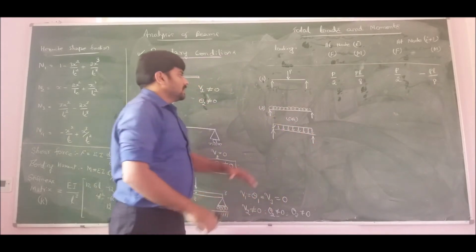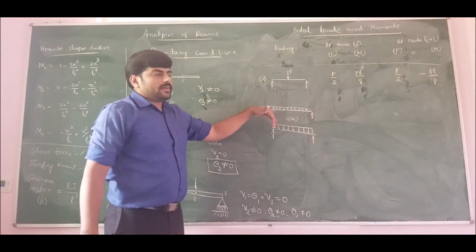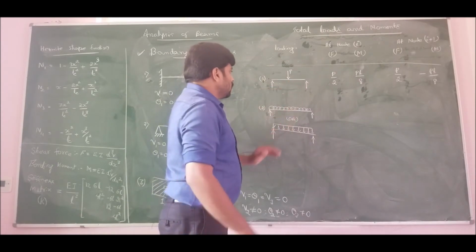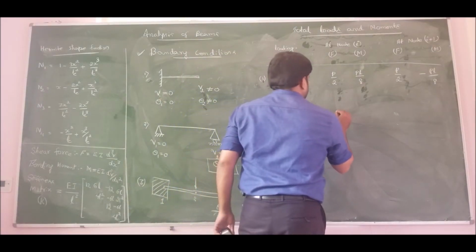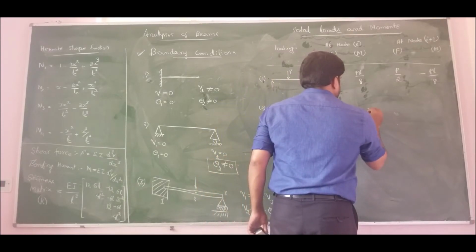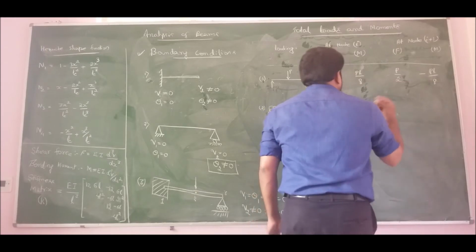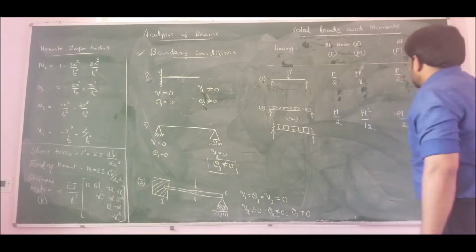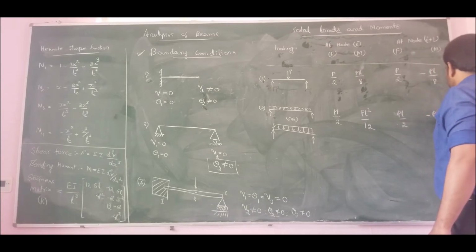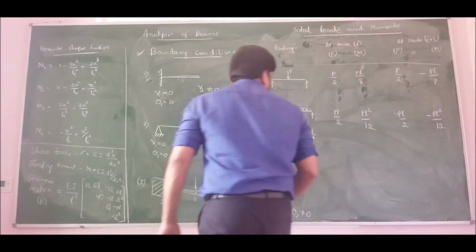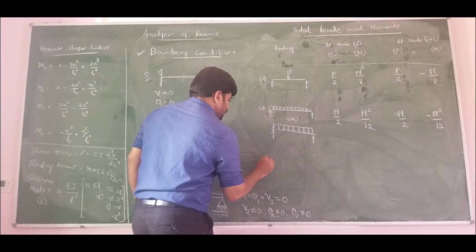If a beam has uniformly distributed load, then the total load at node 1 is given by the formula PL by 2, whereas the moment is given by the formula PL square by 12. At node number 2, the force is given by PL by 2, and the moment is given by minus PL square by 12.